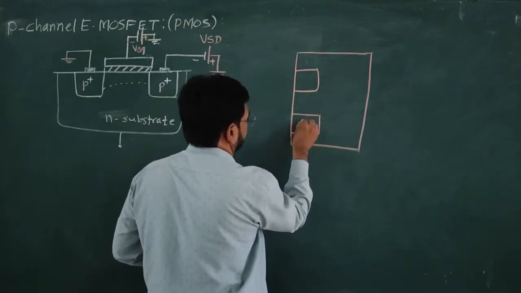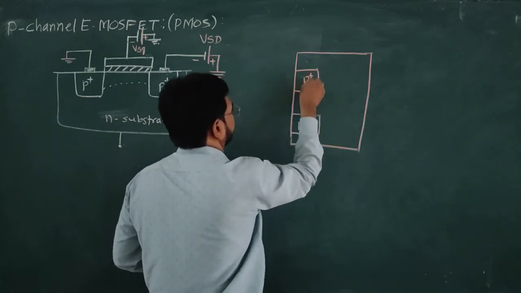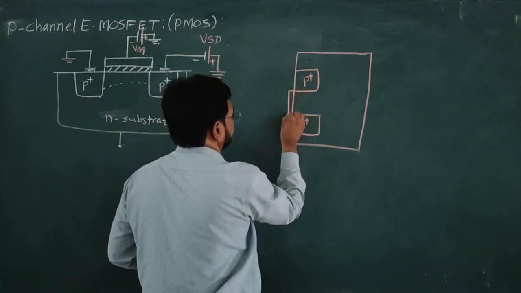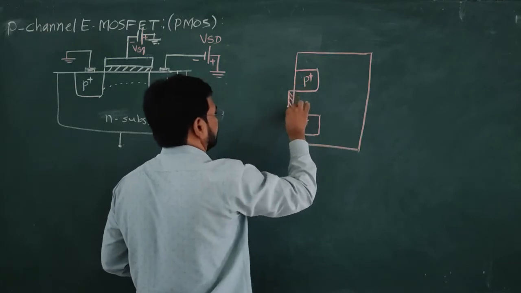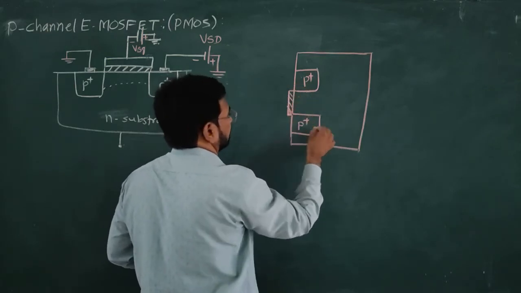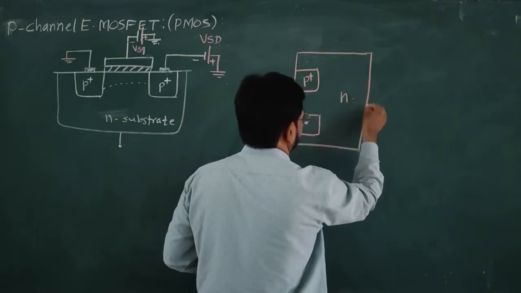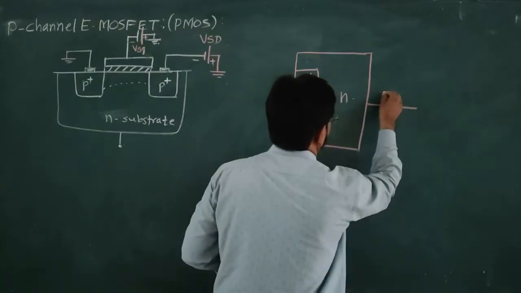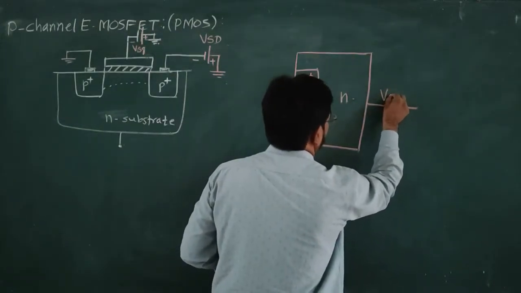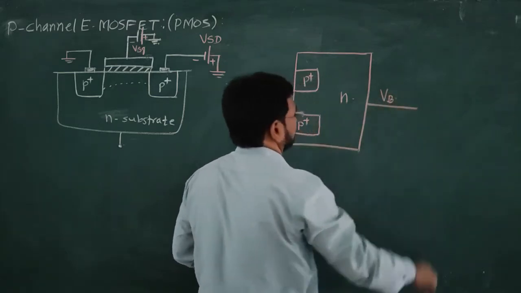So, it is P plus and P plus, and it is the oxide layer, and this one is the N substrate, and one terminal is taken. So, this is the substrate. Let us call this VB.